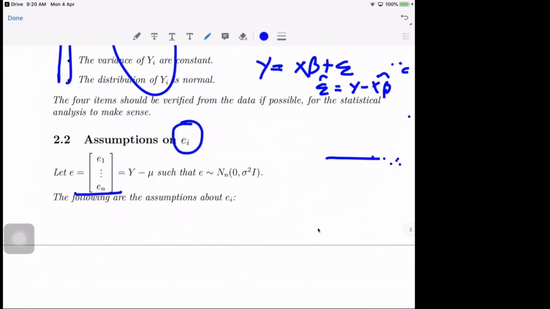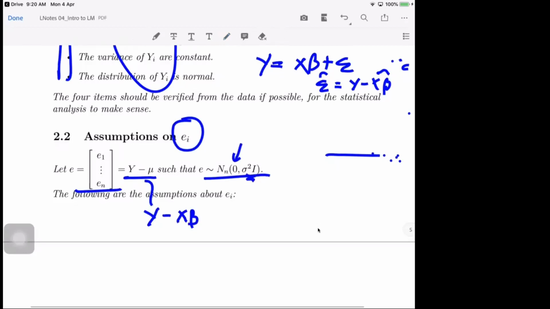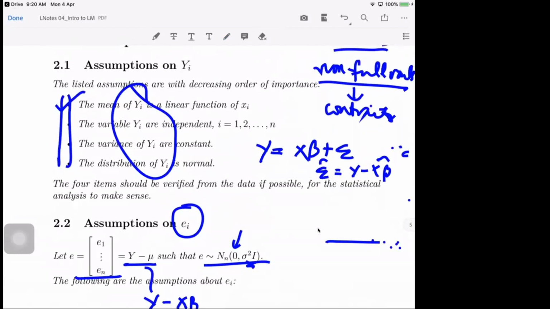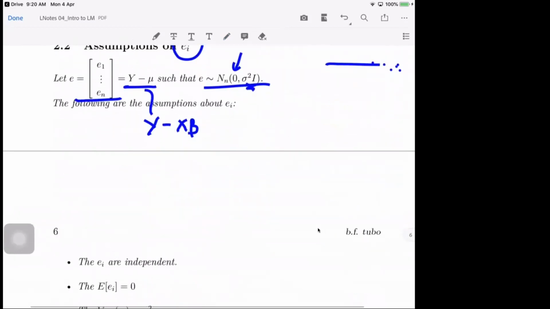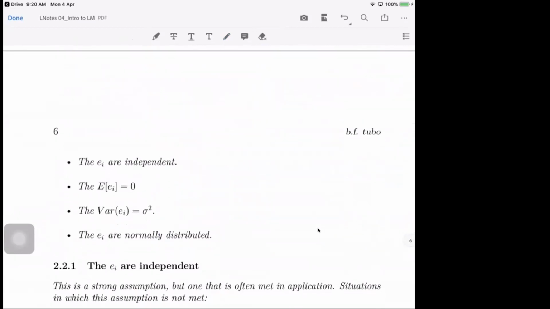If e is the difference between y and mu, or y minus x beta, and the e's are normally distributed with mean 0 and variance sigma squared, then the listed assumptions on the y will follow from the assumptions on the e.